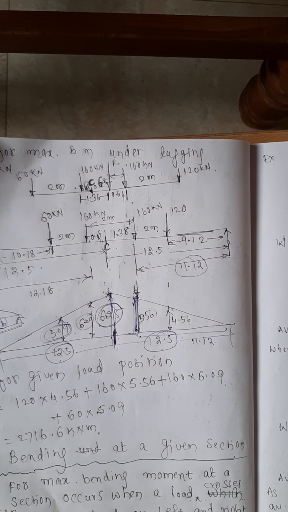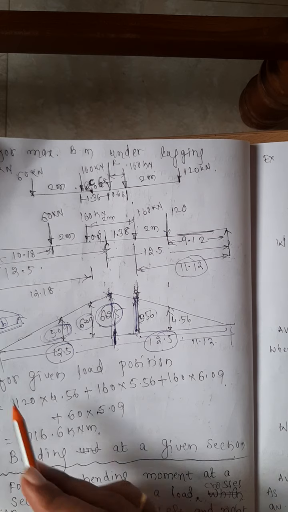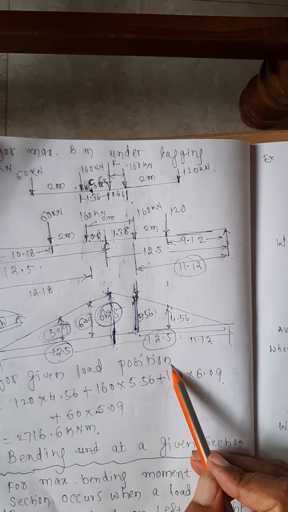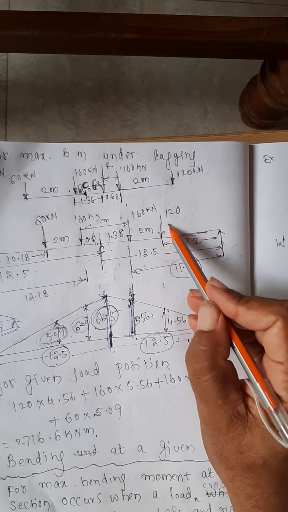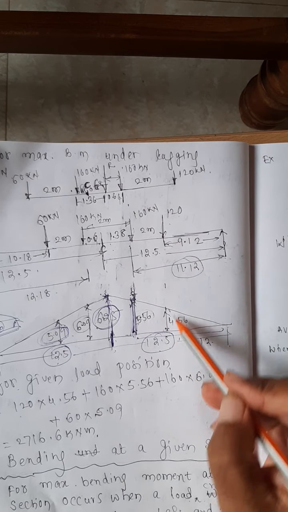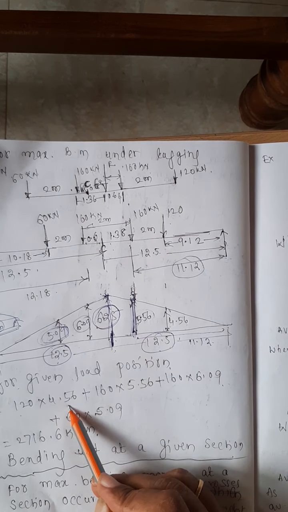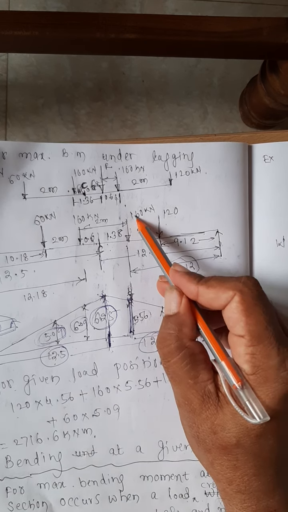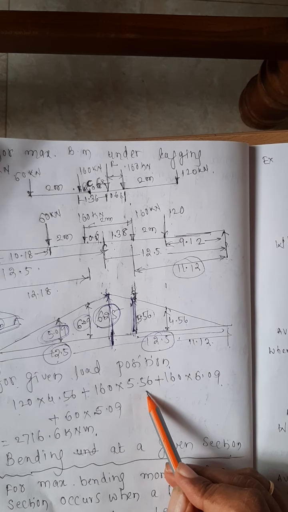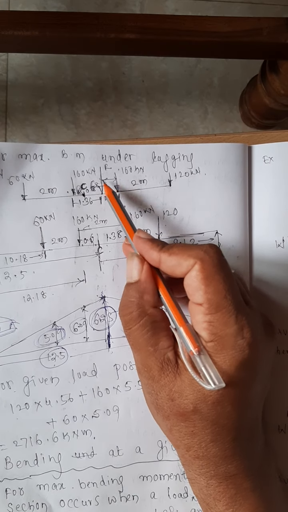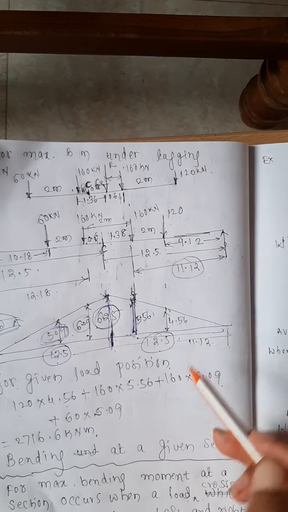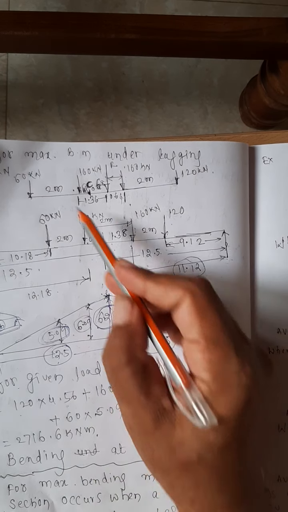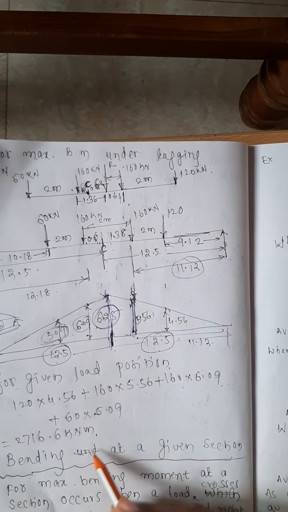Once you get all these numbers, you can calculate the bending moment for the given loading position as the load 120 multiplied by ordinate 4.56, plus 160 multiplied by 5.56, plus 160 multiplied by 6.09, plus 60 multiplied by 5.29.